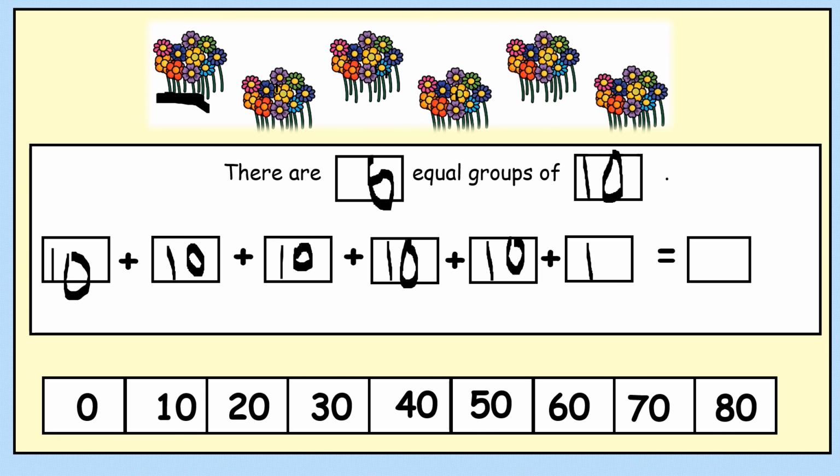Plus 10 equals how many? Let's skip count. 10, 20, 30, 40, 50, 60. 60 flowers all together. And we solved that super quickly by counting in tens.